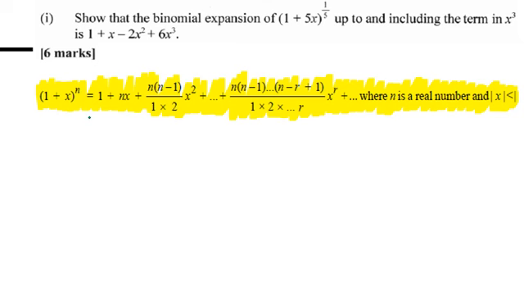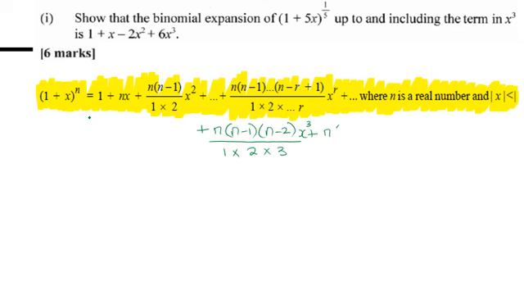The next one, if you're seeing the pattern, would be n times n minus 1 times n minus 2 over 1 times 2 times 3, etc. Right? Let's do one more. Times the x cubed term.